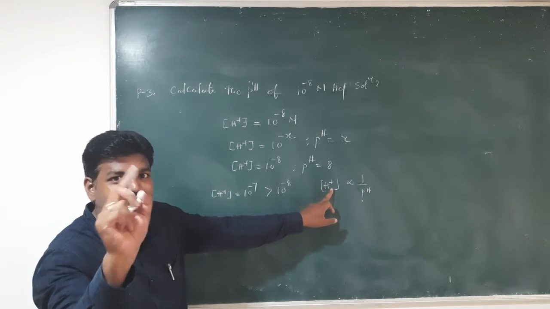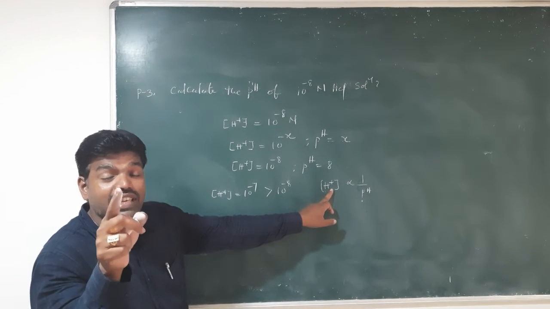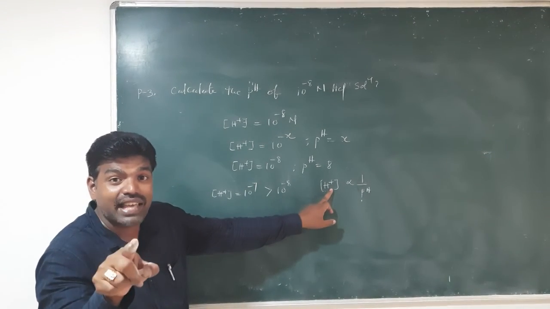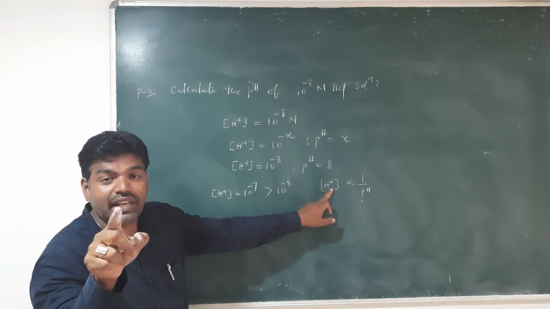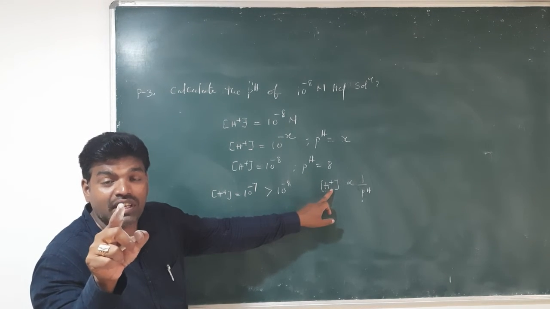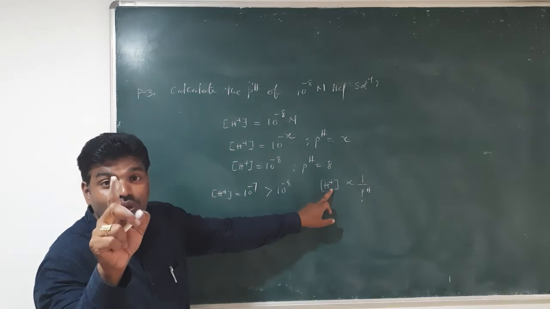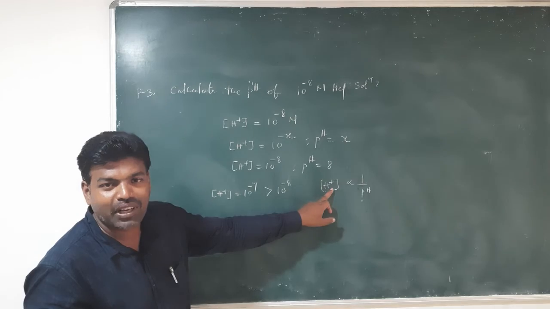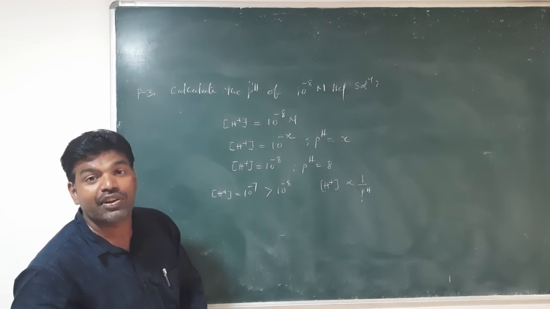In such solutions where the concentration of H plus ions is less than 10 power minus 7, I repeat, in solutions where the concentration of H plus ions is less than 10 power minus 7, then we should take the concentration of H plus ions of water, because all these solutions are made with water as the solvent.